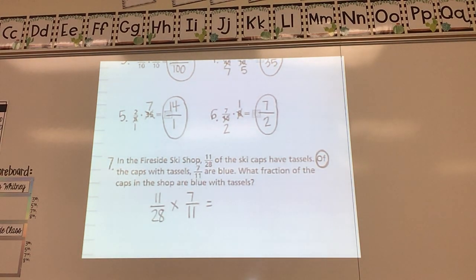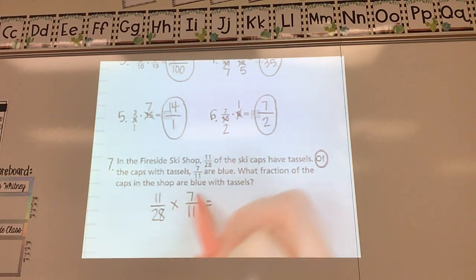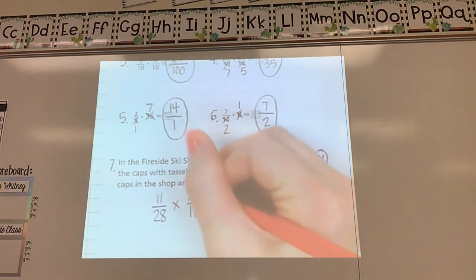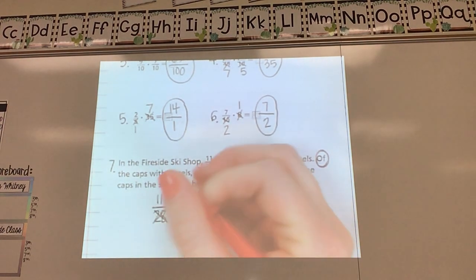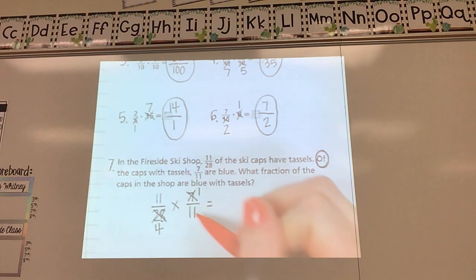Let's see if we can simplify first. So looking diagonally, let's go this way first. 7 and 28. Is there anything that I could divide 7 and 28 by to get them to be smaller numbers? Yeah, 7. What's 7 divided by 7? 1. And 28 divided by 7 is 4. All right, now let's check the other way. Ooh, we have 11 and 11.